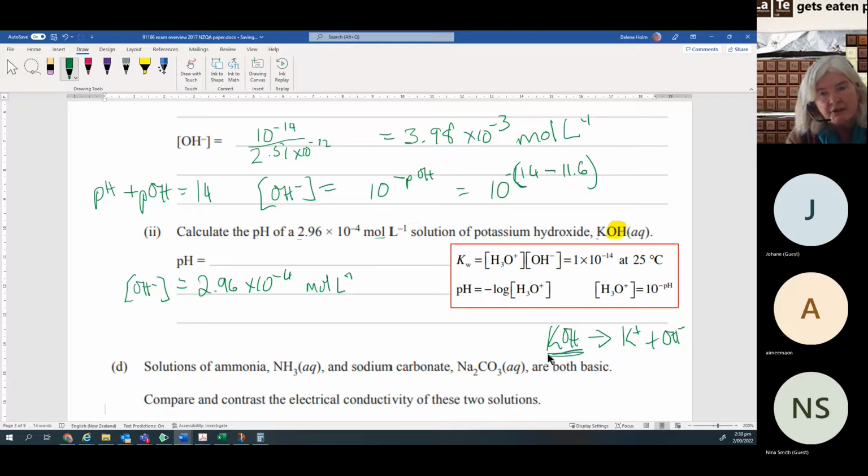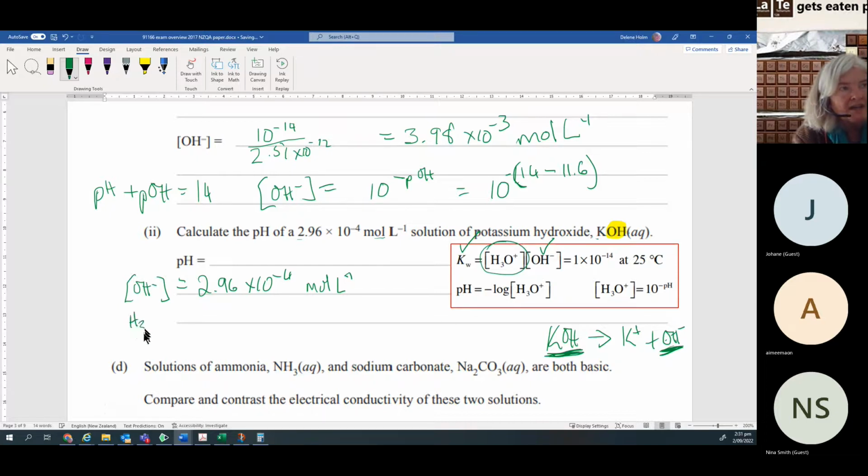And can you see, for every 1 KOH, I get 1 OH minus. So if I've got one of this, I've got one of that. So if I've got 2.96 of this, it'll be 2.96 of that. So because I know that, and I know Kw, can you see I can work out H3O plus?